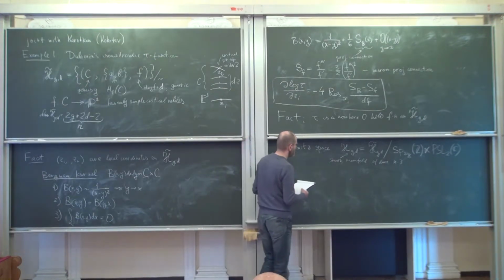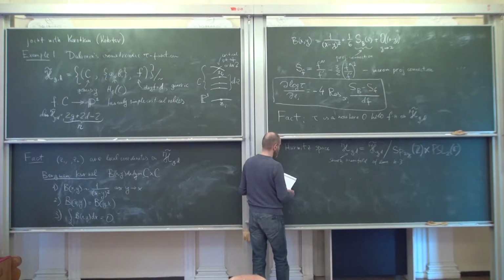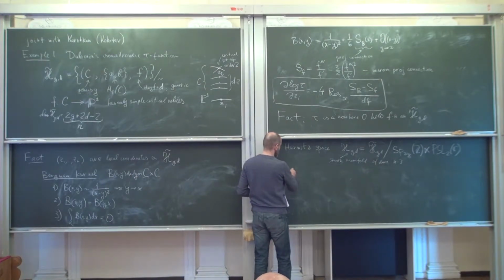Now we want to compactify this space, and there is a natural construction that is called compactification by admissible covers.